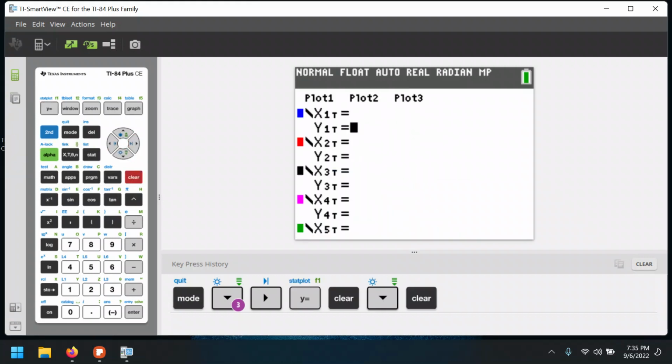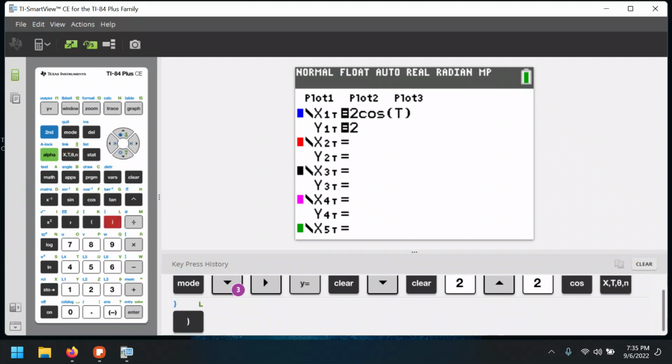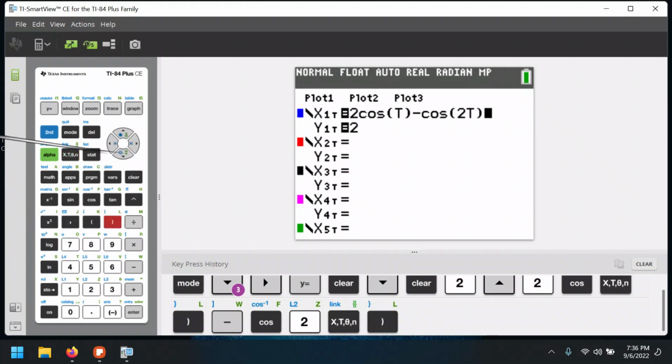Clear. And let's just type for x, I need a 2 cosine t, close parentheses for the t, minus cosine 2t, close parentheses.